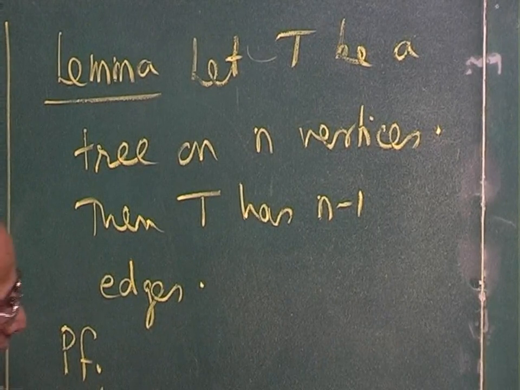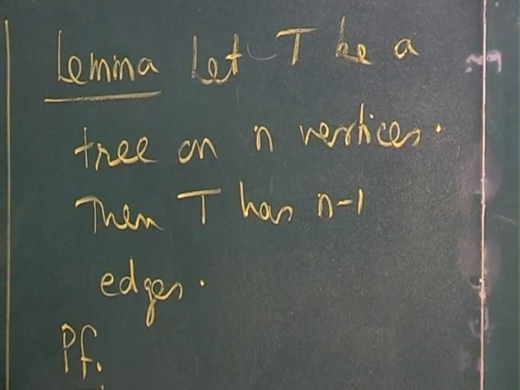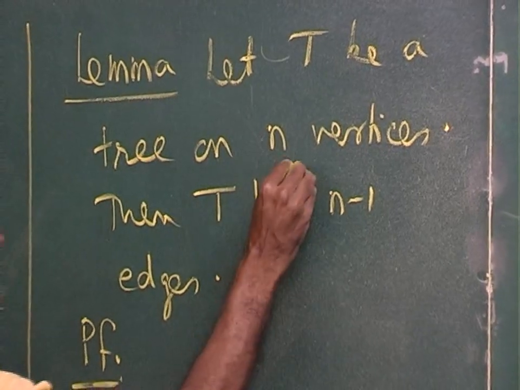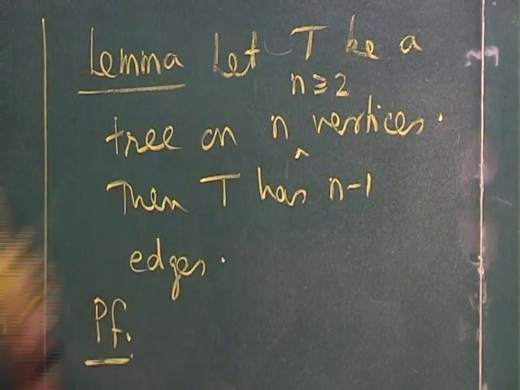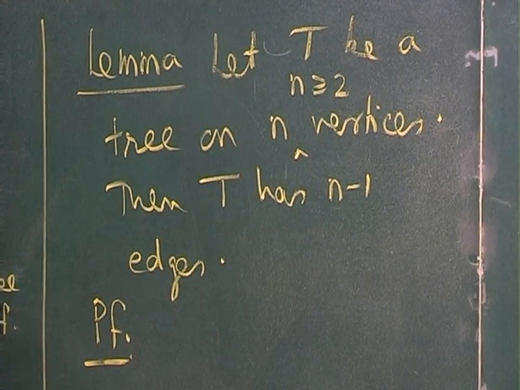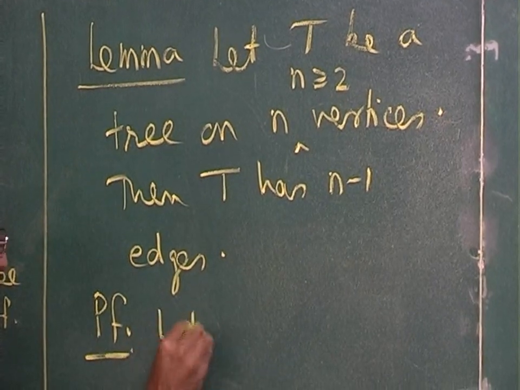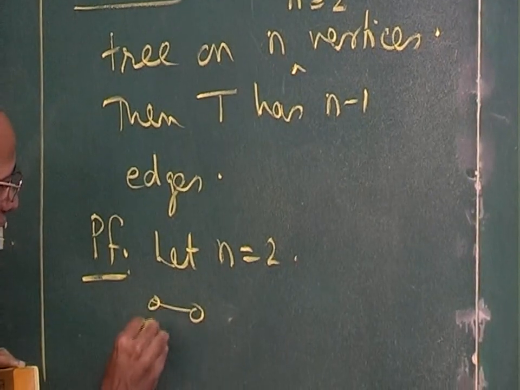Okay. At least 2. Let n be equal to 2. What is a tree on 2 vertices?